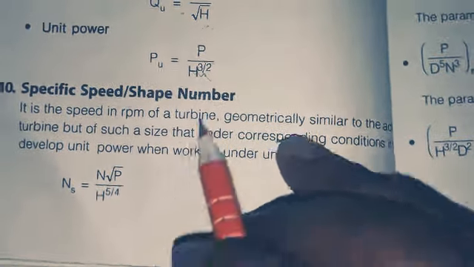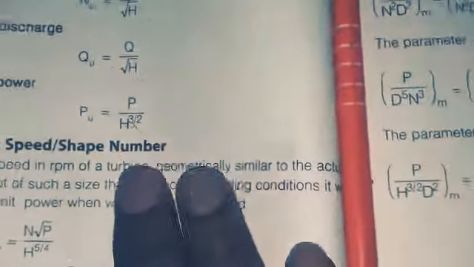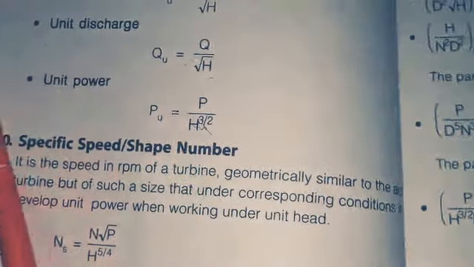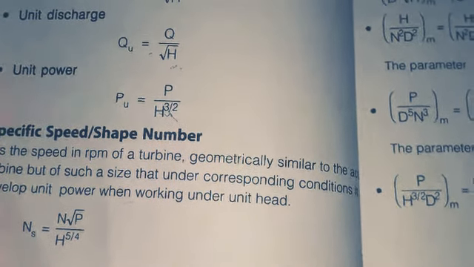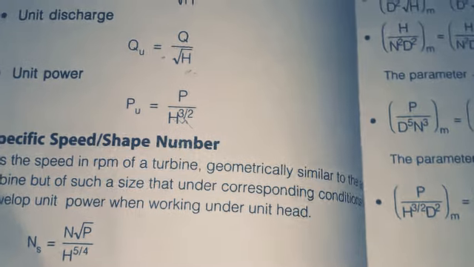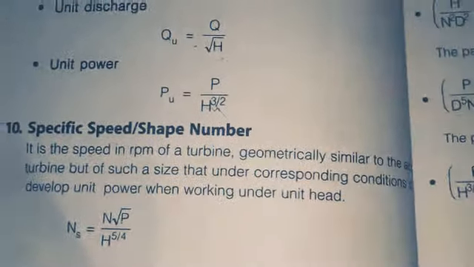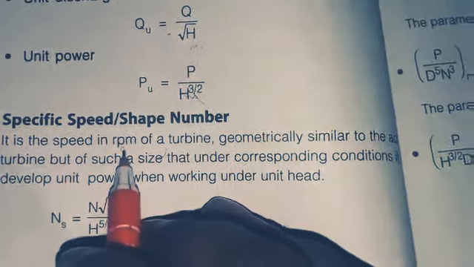Now the derivation of specific speed or shape number. How can we establish the relation between the specific speed and shaft power? I have already derived the formula for specific speed, and since this is a brief lecture video, what is the specific speed?